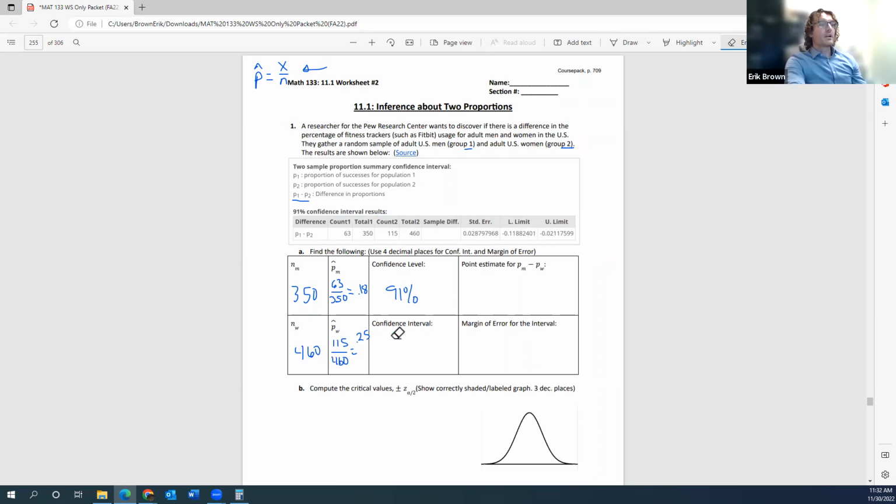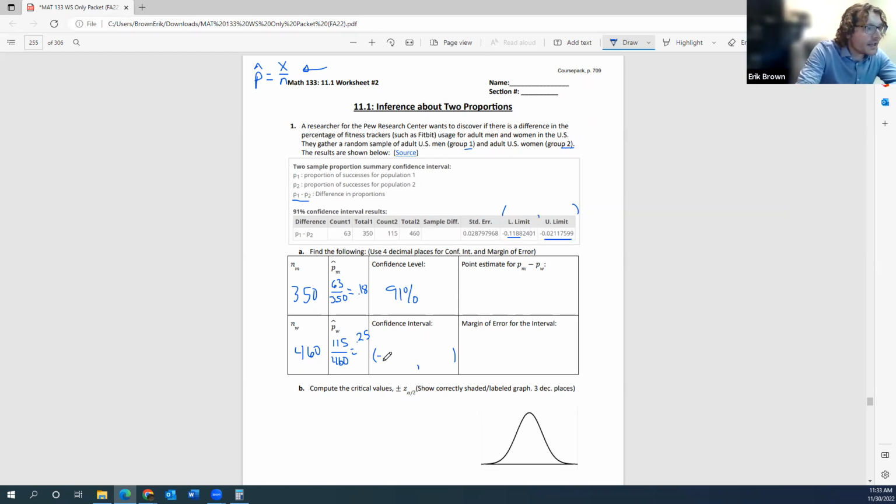Okay. Confidence interval. Remember, that's lower limit, upper limit. Part of this, by the way, is it's been a bit since we've done confidence intervals. That was all chapter 9, and suddenly here we are doing some in chapter 11. So here's the confidence interval. Lower limit, this number, upper limit, this number.